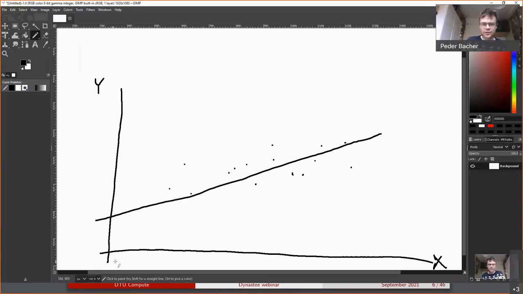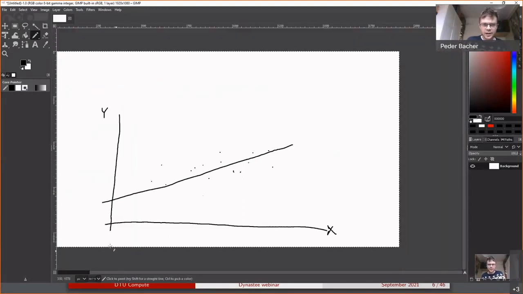Where it's 0, that's where you have this beta 0, the intercept, and beta 1 is the slope of this line. So if you go 1 up on x, y increases by beta 1.